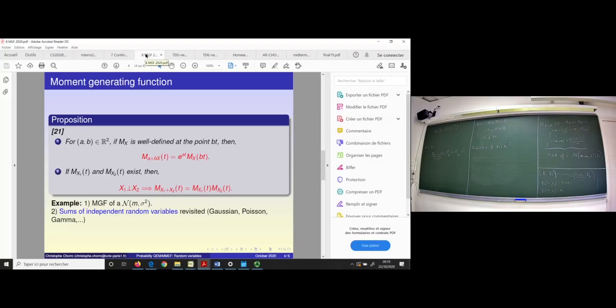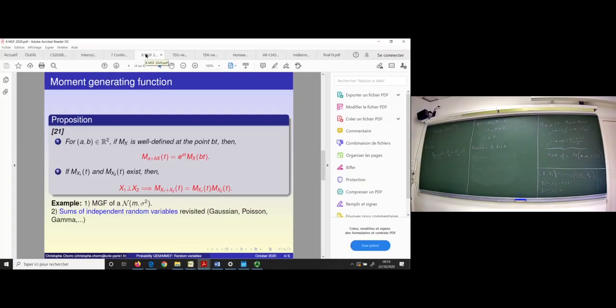You are looking for the moment generating function of the gamma? After the definition, for sure, you have it here. Just after the definition, I have done some computations: Poisson, gamma, N(0,1). So if you have understood, it takes one minute to do.